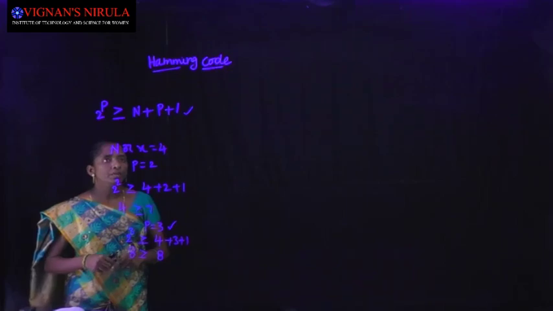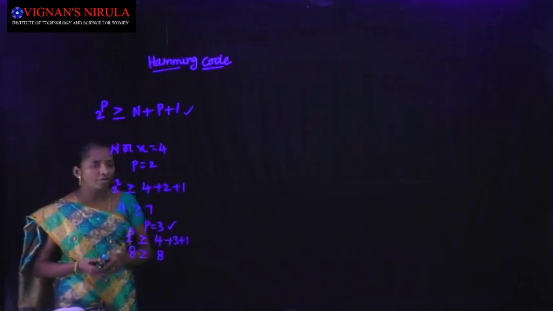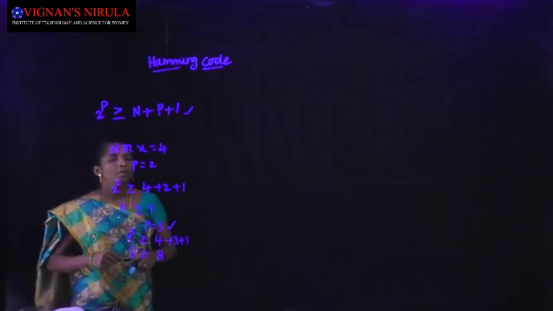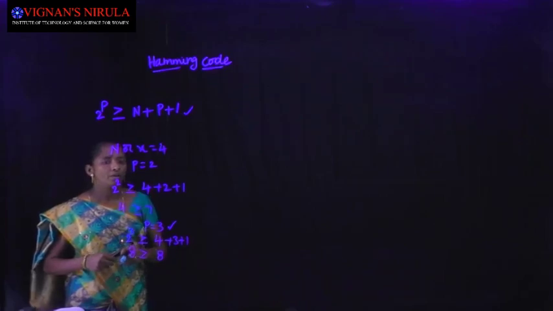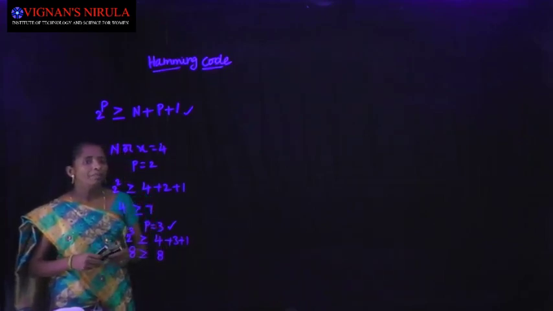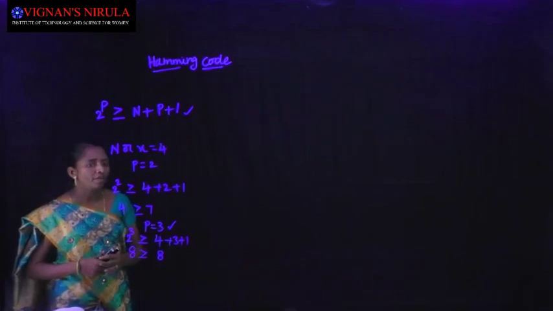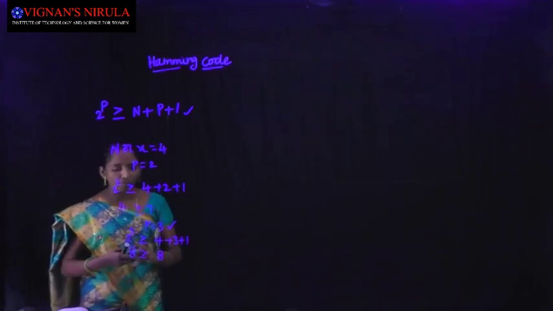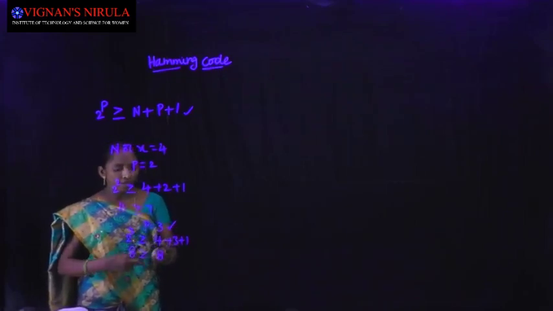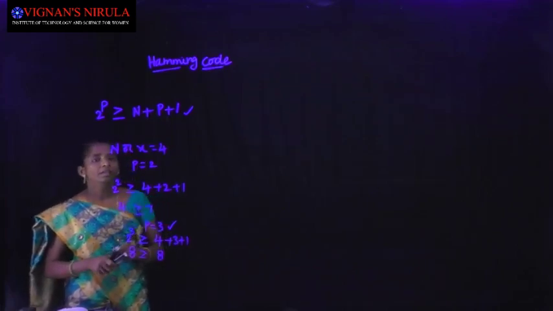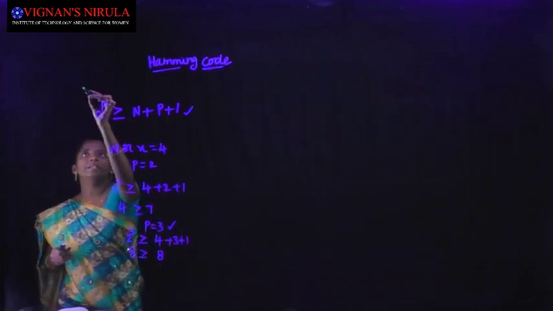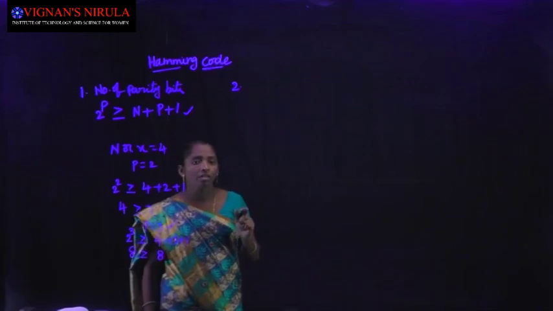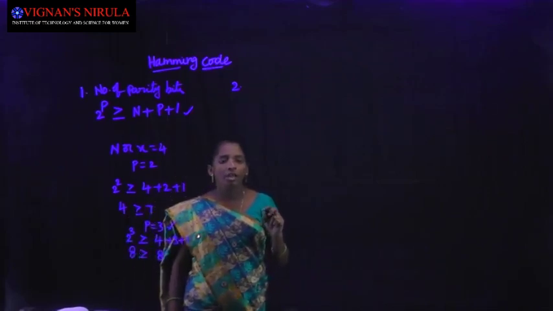For Hamming code we have different steps for error detection and location. In the first step, we decide the number of parity bits by using this formula. In the second step, we construct the bit allocation table.